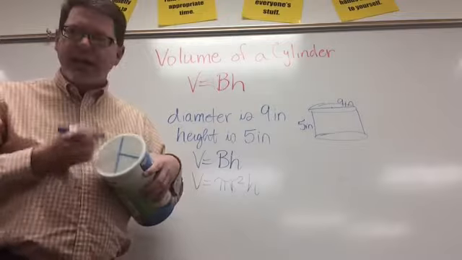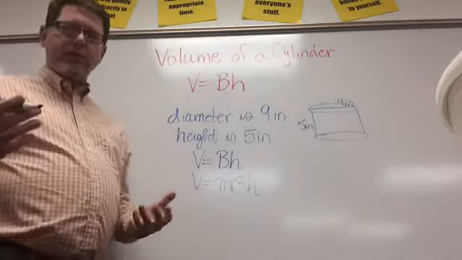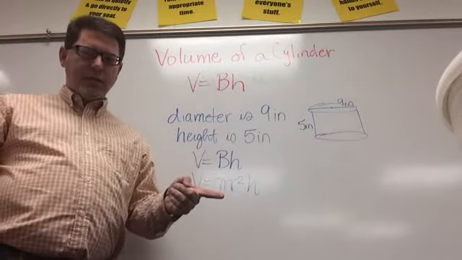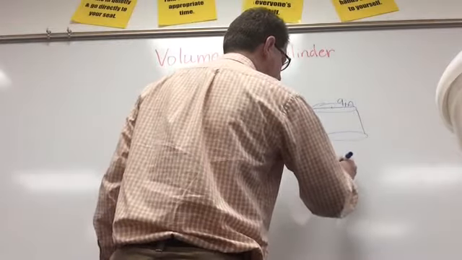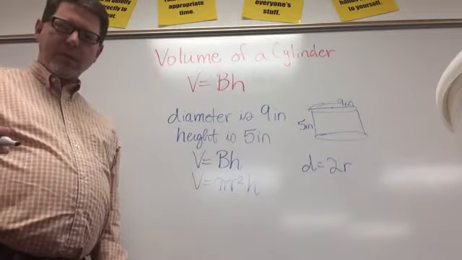So if I know the diameter, how do I find the radius? Well, that's another thing that you have to know, because they're not going to have it for you anywhere. You've got to know that D equals 2 times R. Okay?